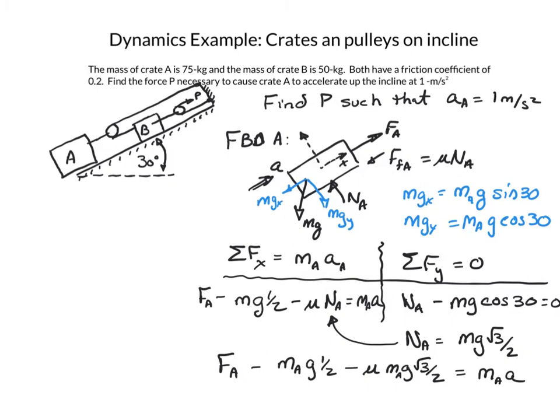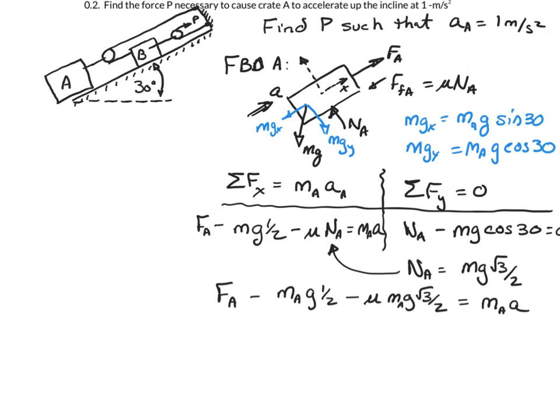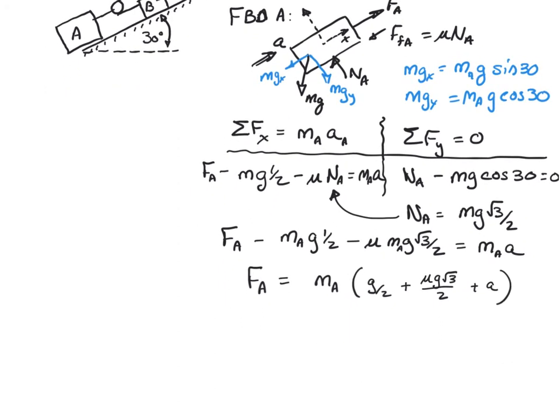Eventually I want to get to the force P, but I'm now at this force F, so I'm going to solve one more step and just bring everything to one side. And one other, well, I'll get this next one as I do the next free body diagram.